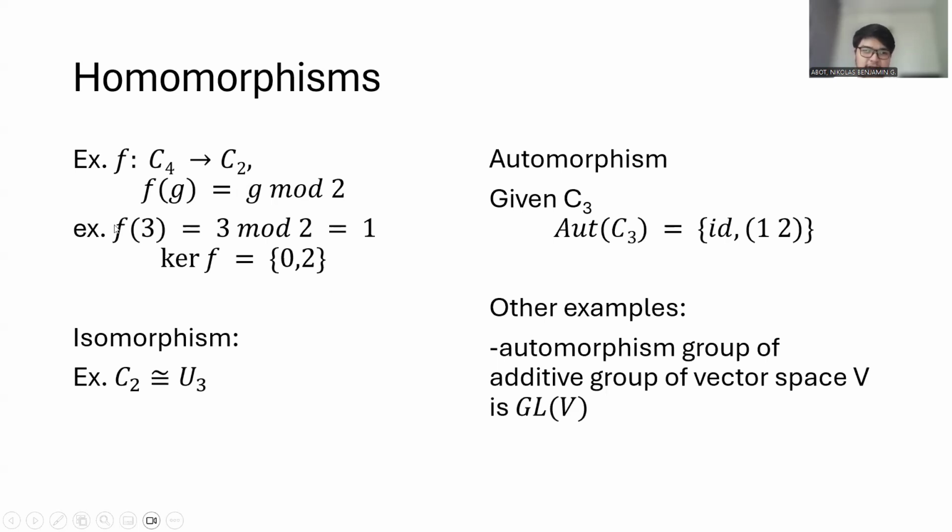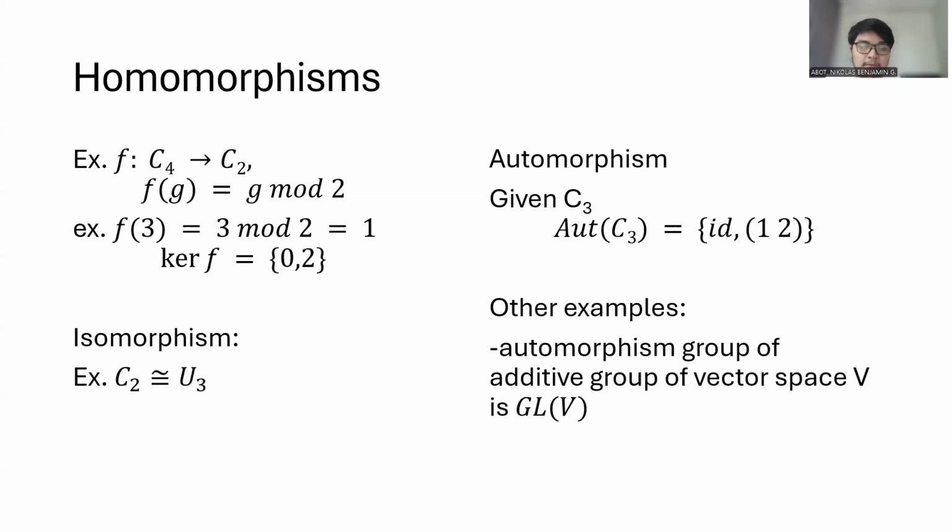In this case, the image of 3 is 3 mod 2 is equal to 1, which is an element of C2. Now, the kernel of a homomorphism is defined as the set of elements in the domain that map to the identity in the codomain. In this case, the kernel of f is 0 and 2, since both of these map to 0 mod 2.